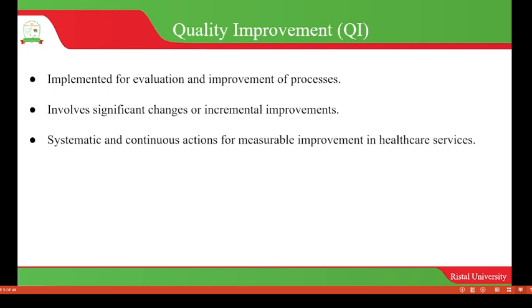So that means quality improvement entails two main aspects: evaluation or analysis, and then improvement of processes of operation. And this is why it involves significant changes and incremental improvement. Changes which occur slowly but surely.